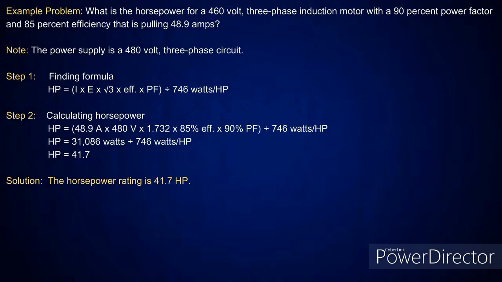You take all of that, multiply it, and since we're trying to get the horsepower, what is 1 watt good for? 746. So you're not dividing by 1,000, you're dividing by 746, and it's going to tell you that you have to have a horsepower rating of 41.7 horsepower.